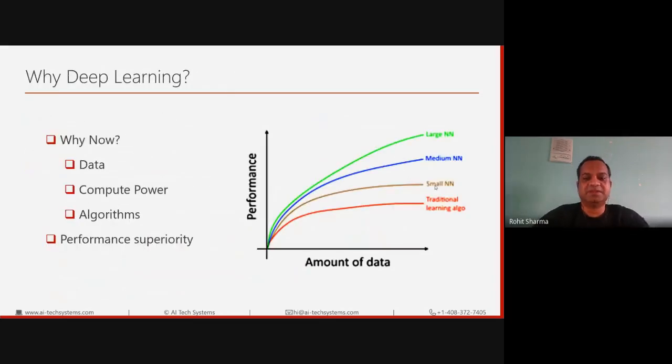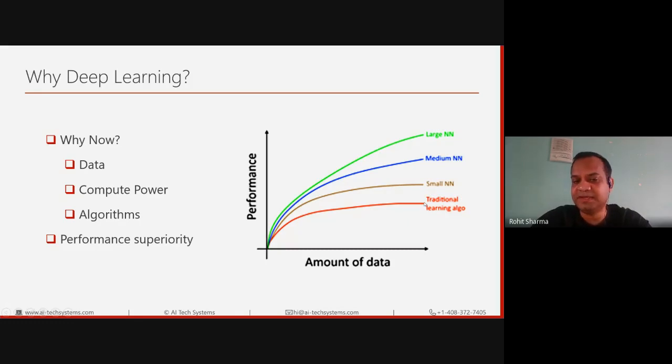Now let me spend some time on this graph. Why is deep learning getting more popular? This is a fairly popular graph that has been touted many times in academic papers, media, and such. What this shows is that if you increase the amount of data to some of these algorithms, for example a traditional learning algorithm, it will start to learn fairly quickly and improve its performance.